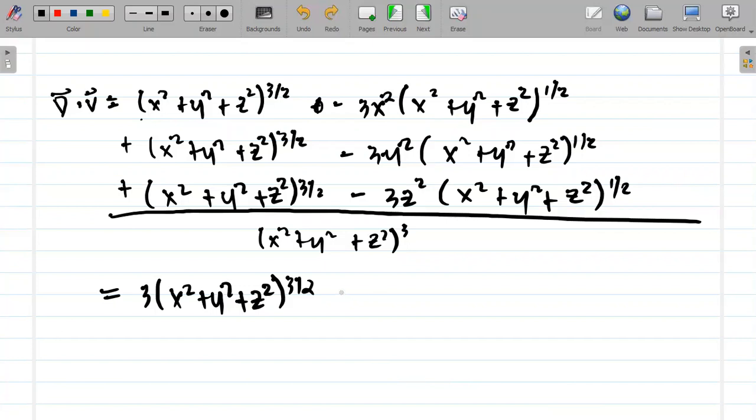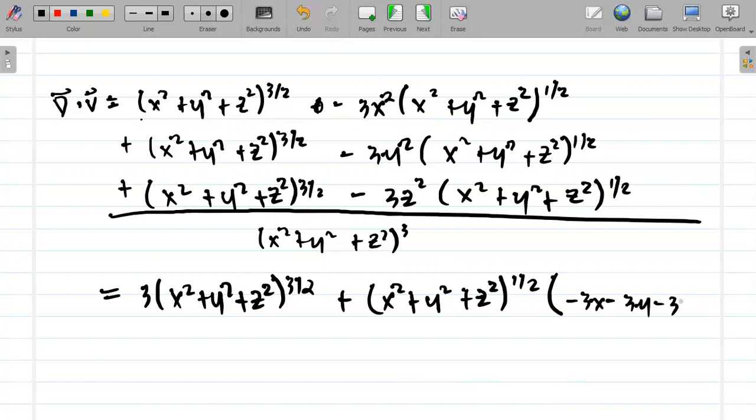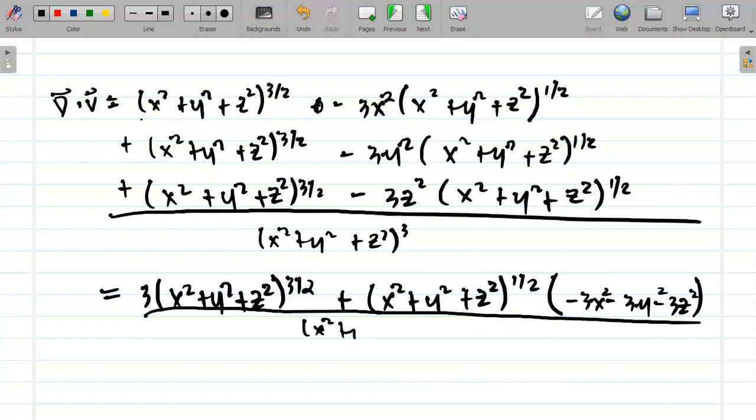Plus x squared plus y squared plus z squared to the 1/2 times negative 3x squared minus 3y squared minus 3z squared. All over the denominator, x squared plus y squared plus z squared cube.